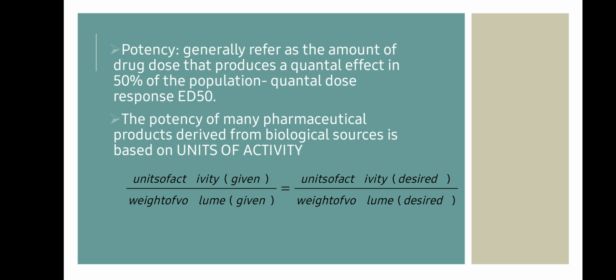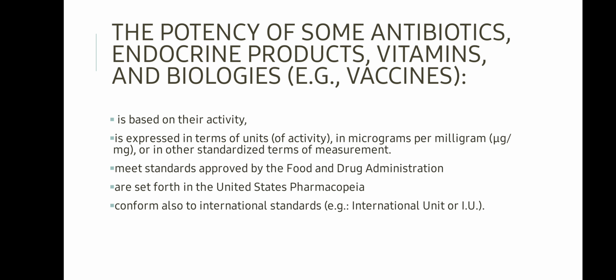The potency of many pharmaceutical products derived from biological sources is based on the units of activity. Potency natin, dito sa lecture natin na to, ang gagamitin natin ay madalas nating makikita dito sa mga problem sets natin ay ang vaccines, ang ating mga vitamins, ang ating mga insulin at lahat ng mga biological products natin.